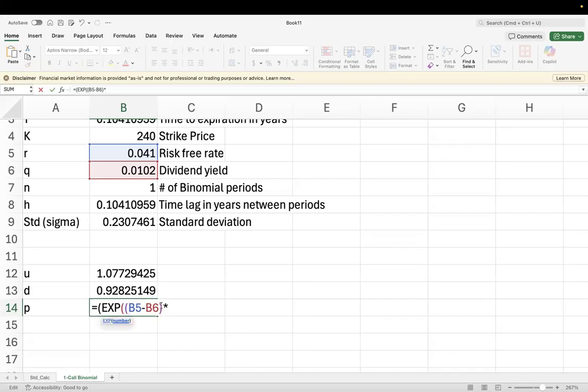So here we got exponential of this times H, and then I close the exponential here. So this parenthesis for this, and then the whole thing minus D, then I close the parentheses over U minus D.